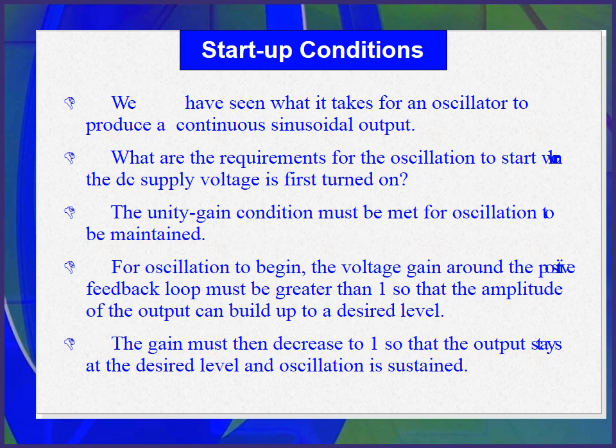For oscillation to begin, the voltage gain around the positive feedback loop must be greater than 1 so that the amplitude of the output can build up to a desired level. The gain must then decrease to 1 so that the output stays at the desired level and oscillation is sustained. The voltage gain conditions for both starting and sustaining oscillation are illustrated in the figures.